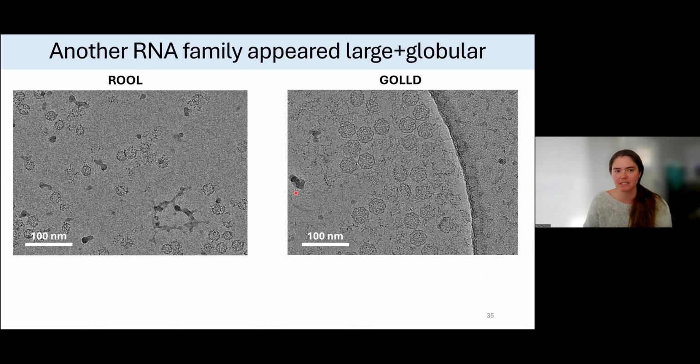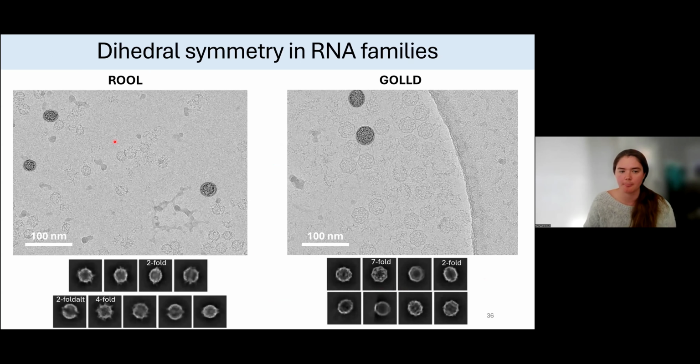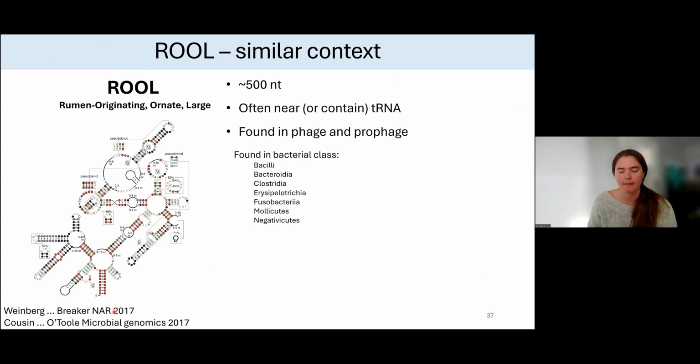Very interestingly, we also have another family that we looked at that also appeared to be forming these cages. If you look at the 2D classes, the symmetry seems to be different. We have a twofold symmetry axis, but now a fourfold symmetry axis in the top view, as opposed to sevenfold.